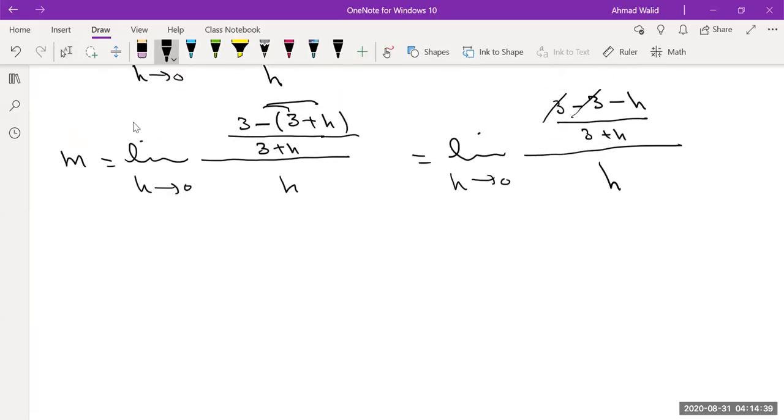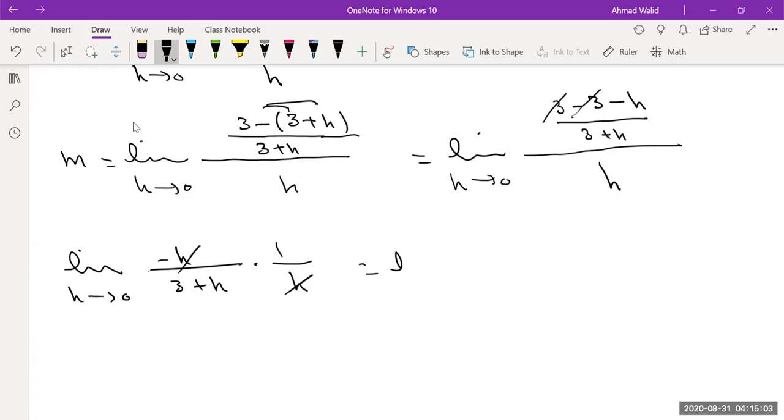Then you can write the limit as h approaches 0. In the top, I can write negative h over 3 plus h, right? Change the big fraction bar to times and flip this one, 1 over h. These two cancel out.